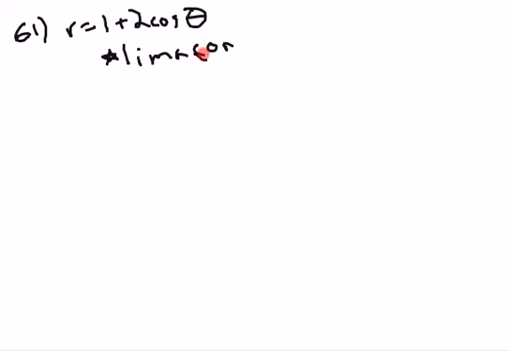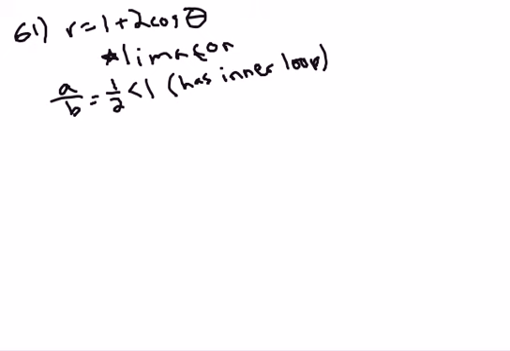This is my best version of the French symbol there. If I want to graph this, I can notice that a over b is 1 over 2, which is less than 1. So this has an inner loop, where this is a and this is b.